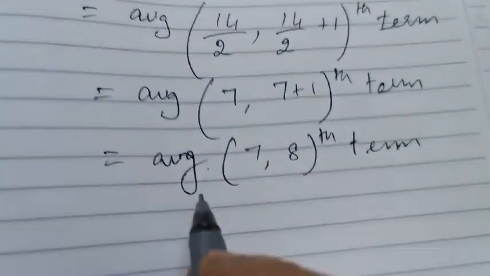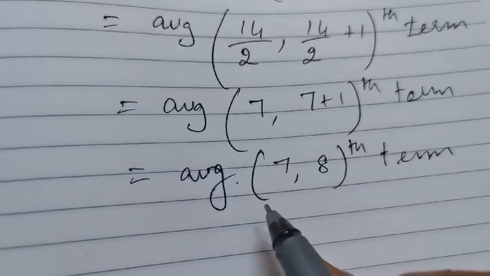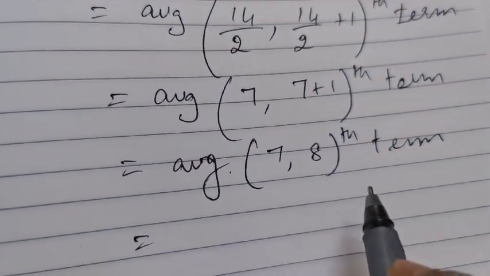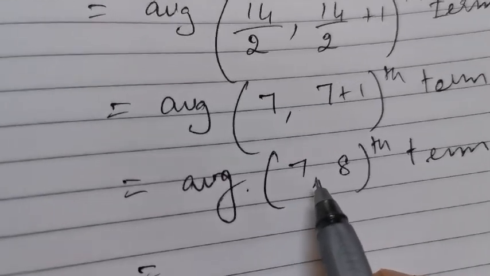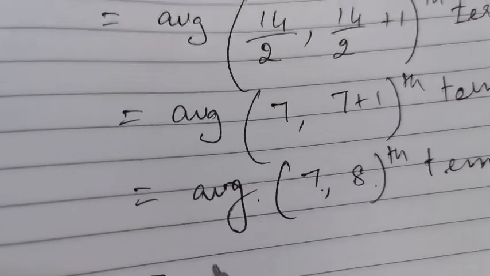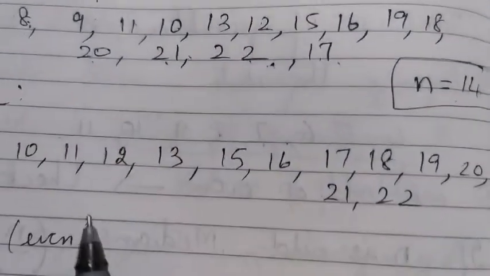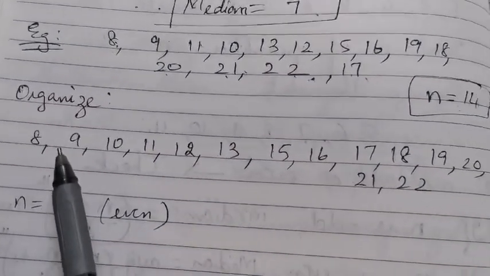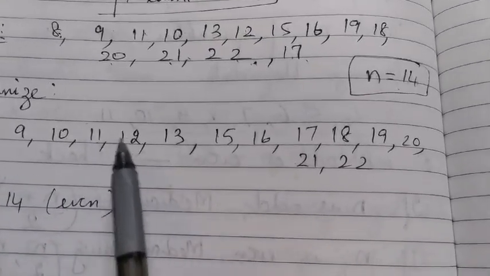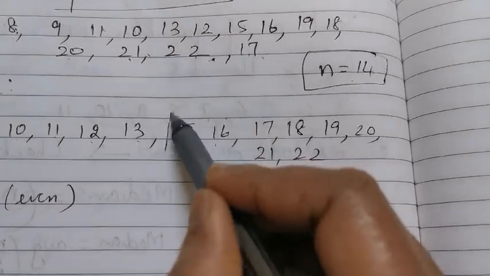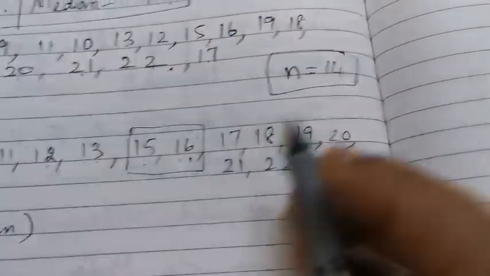Average means you have learned: add the quantities and divide by the total number of quantities. Here we have to find the 7th and 8th terms. What is the 7th term? We will check in our organized data. 1, 2, 3, 4, 5, 6, 7, 8. So the 7th term is 15, the 8th term is 16.